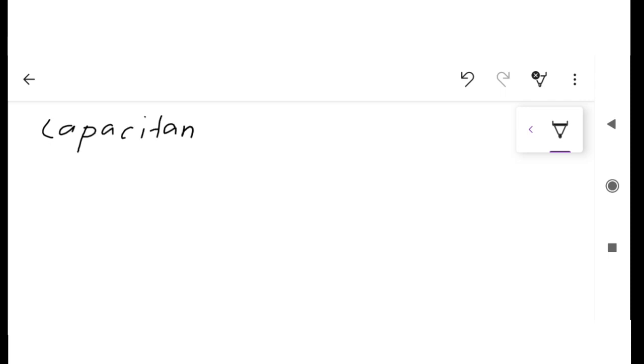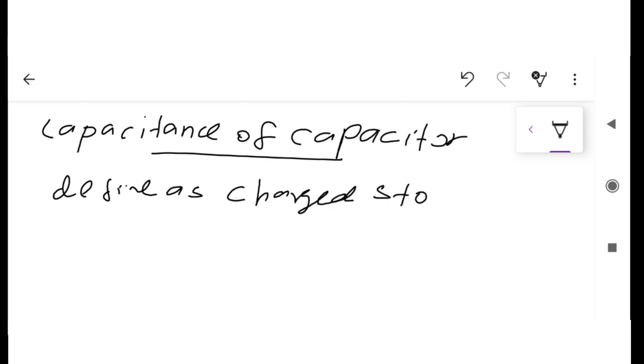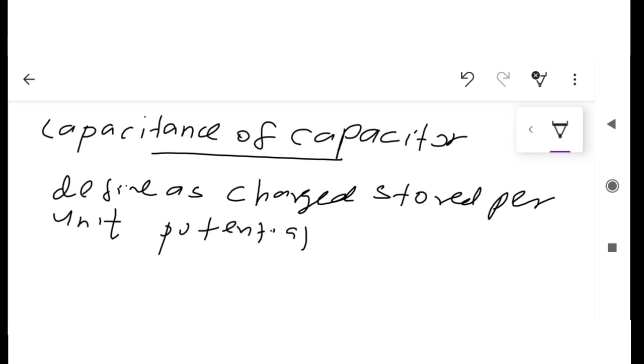When considering the capacitance of the capacitor, it is defined as charge stored per unit potential difference change.